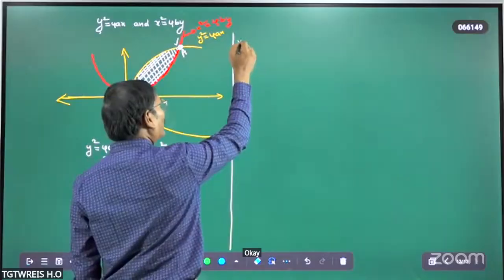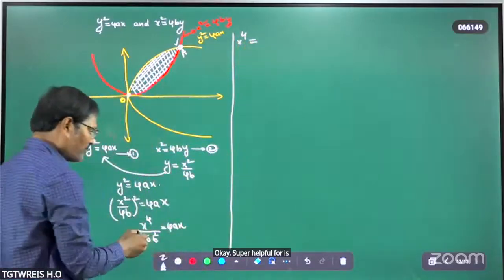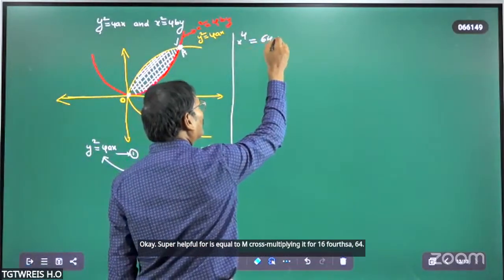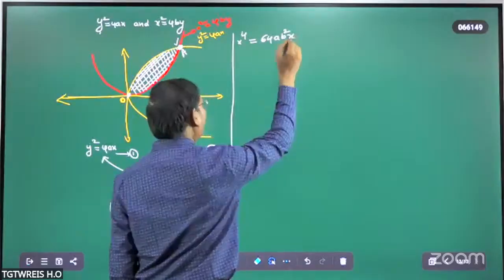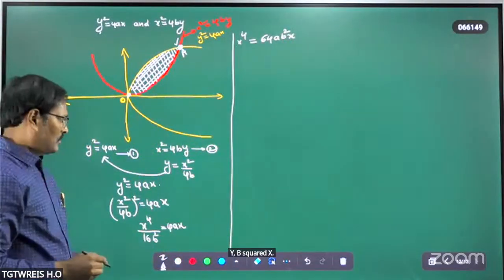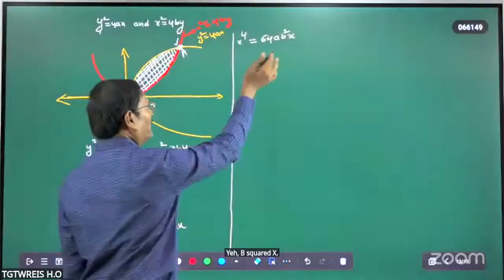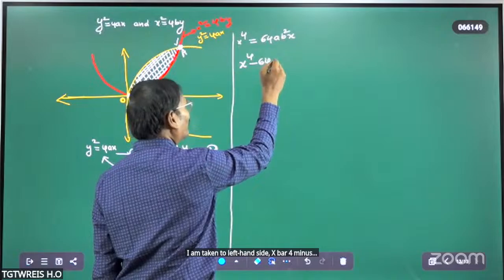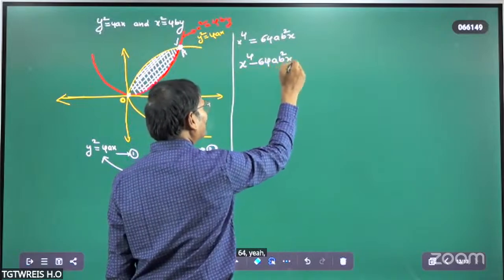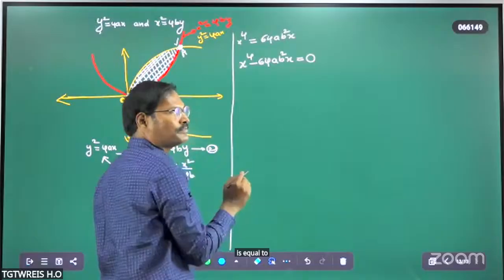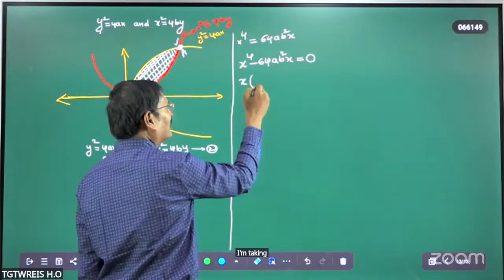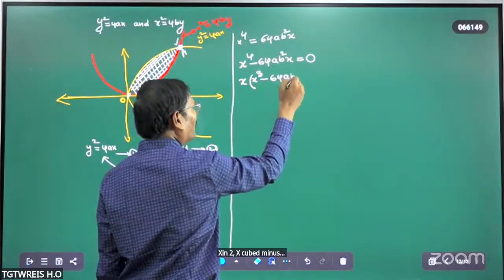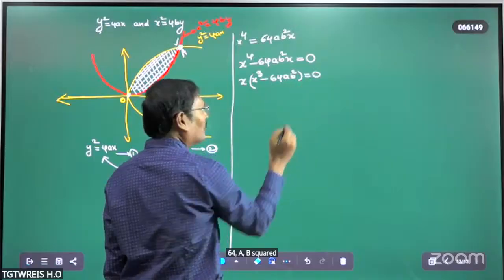Okay. x power 4 is equal to, I am cross multiplying it, 4 16s are 64 a b square x. I am taking it to the left hand side. x power 4 minus 64 a b square x is equal to 0. I am taking x common. x into (x cube minus 64 a b square) equal to 0.